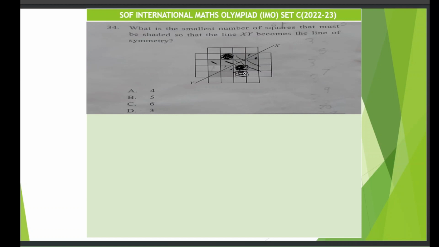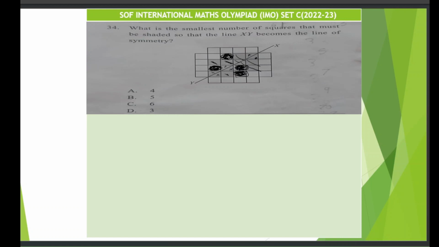Till now we have shaded 1, 2 and 3 squares, including both the sides. Now here this side is shaded, this is not shaded. So this needs to be shaded for achieving symmetry. Here this is shaded, this is shaded. Otherwise the entire figure on both the sides of the line of symmetry XY is the same, right?